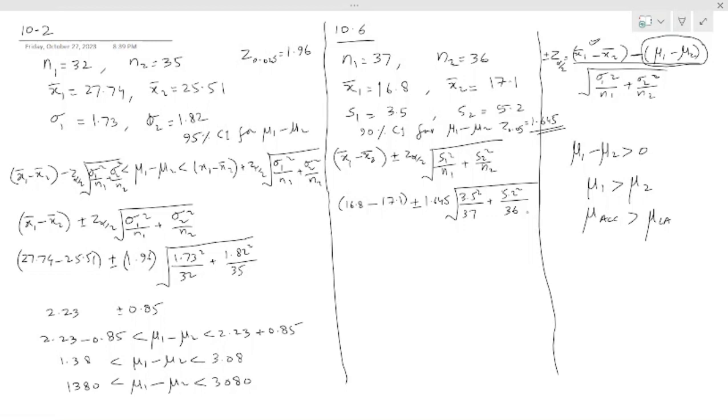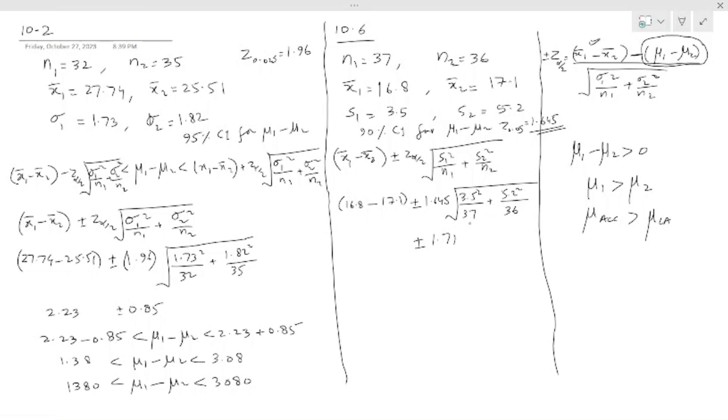Multiply this by 1.645, which is the Z value corresponding to 90% CI. It gives us 1.711 or 1.71.